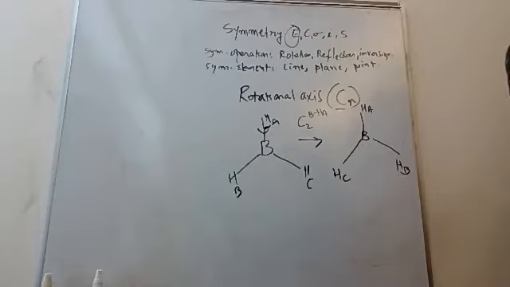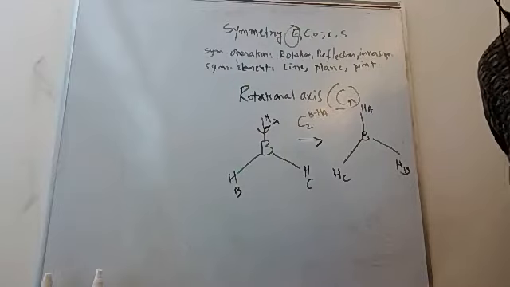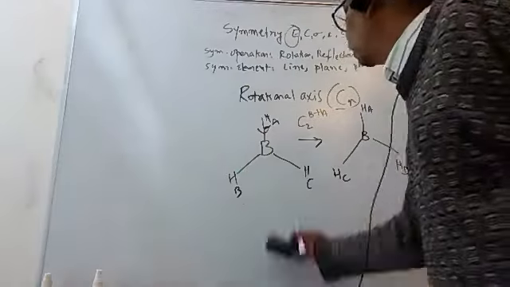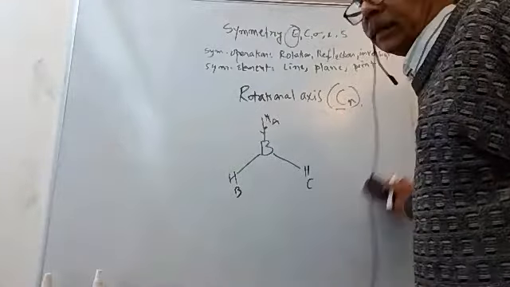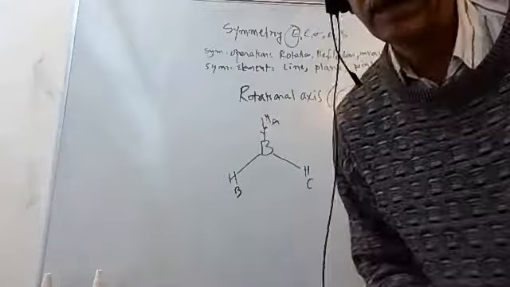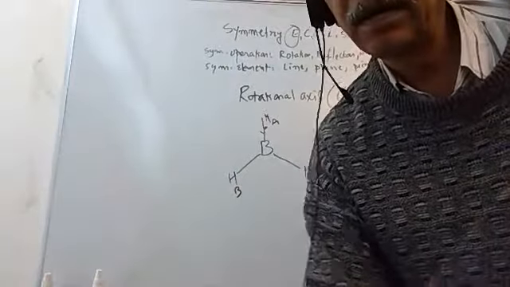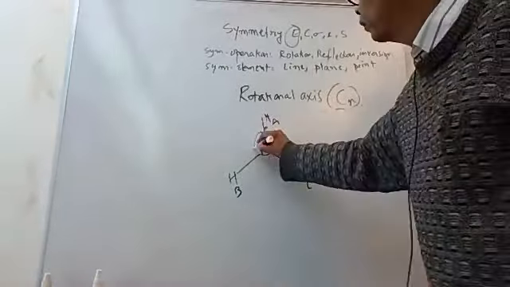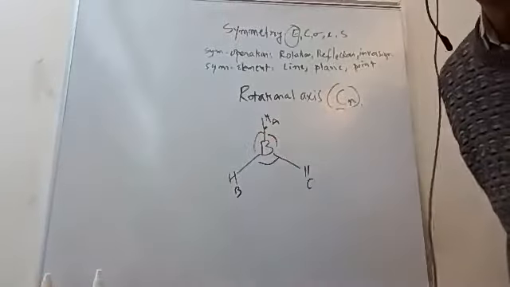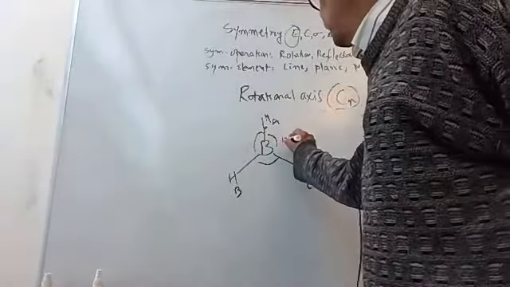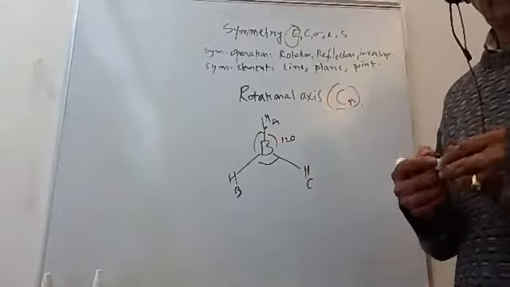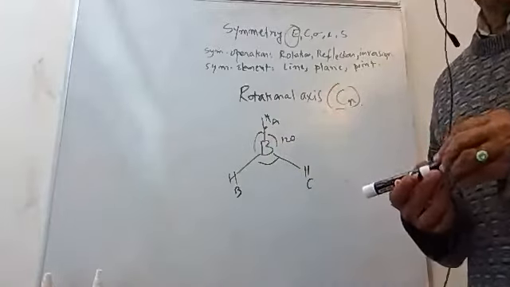Does it have any other rotational axis of symmetry besides C2? This is a planar molecule. So what should be the angle here, folks? 120, right? So we have 120 degrees here. Now, watch me carefully.